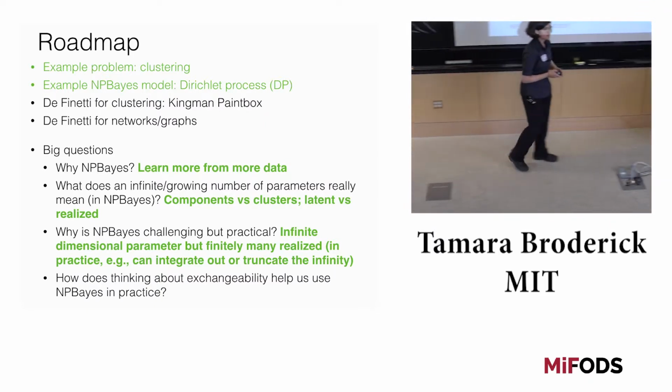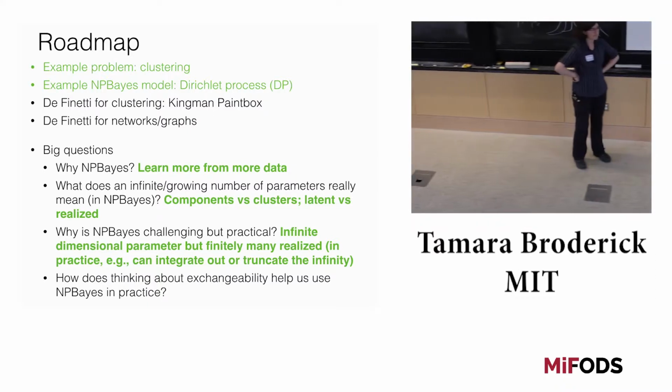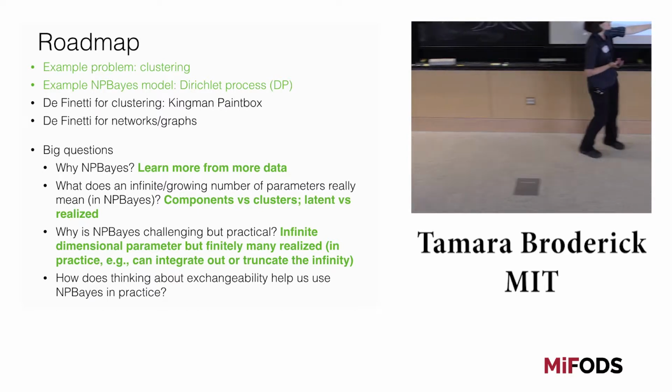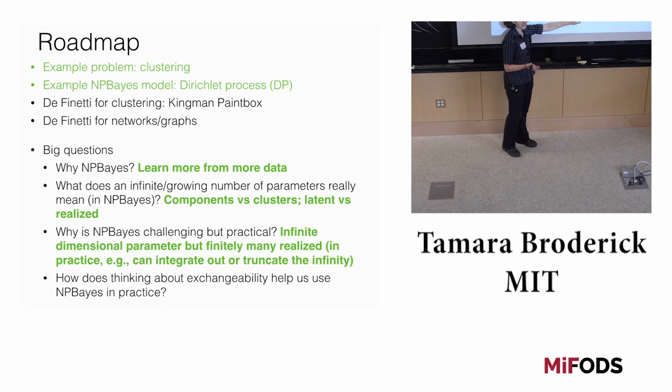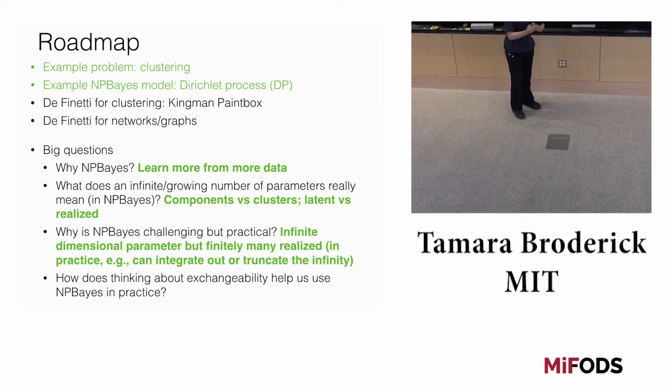Yeah? With this integrating out, we couldn't get a likelihood of that set of data points that you generated in the demo, right? No, I mean, you can get a likelihood. I guess it's tough because it depends what you mean by a likelihood. You can certainly get a probability of the data, and it will depend on maybe a layer down of hyperparameters. But with the Chinese restaurant process, for instance, you're going to integrate out the proportions, the cluster proportions. So if you cared about those cluster proportions, you would not be able to work with them directly.